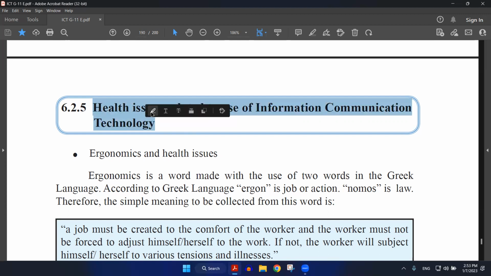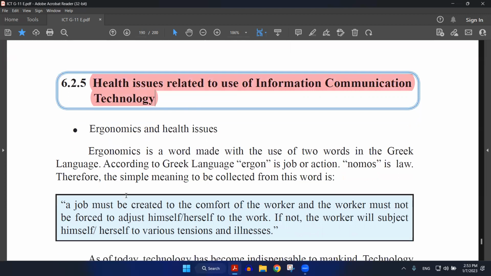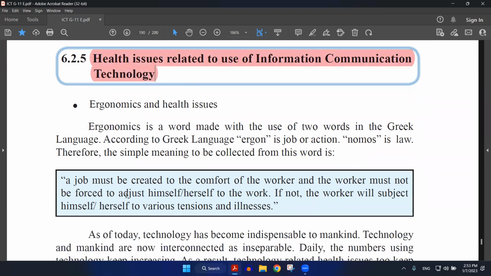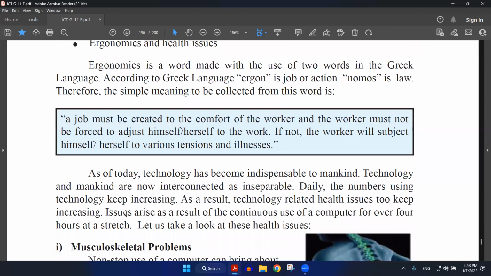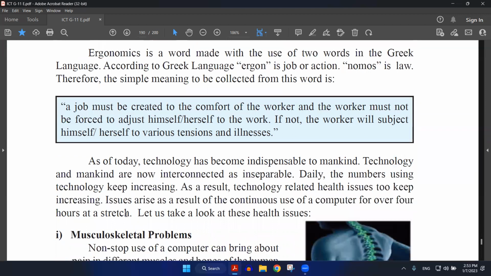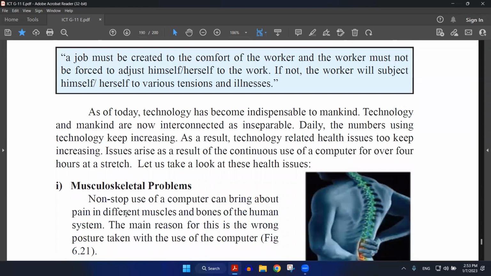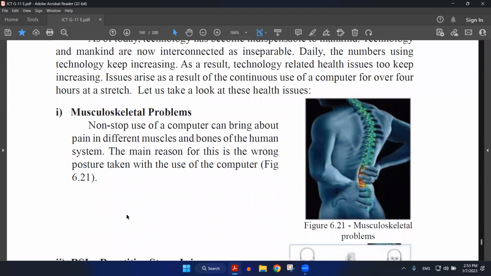Right, so after the heading, we don't really need to describe what ergonomics is. Yeah, let's straight away come to the musculoskeletal problems. You have to write the entire thing regarding musculoskeletal problems. Put number 1 and go, right?